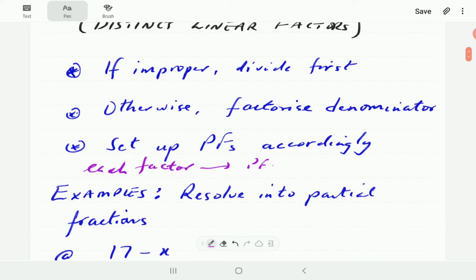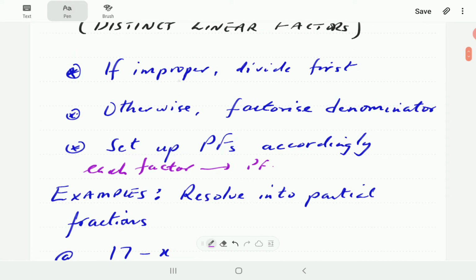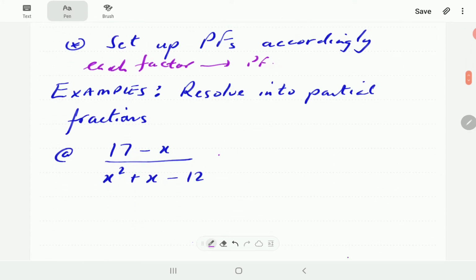So this rational expression is proper, so we don't need to do this step. We're going to go straight away and factorize the denominator. Here the denominator is going to factorize into x plus 4 times x minus 3.